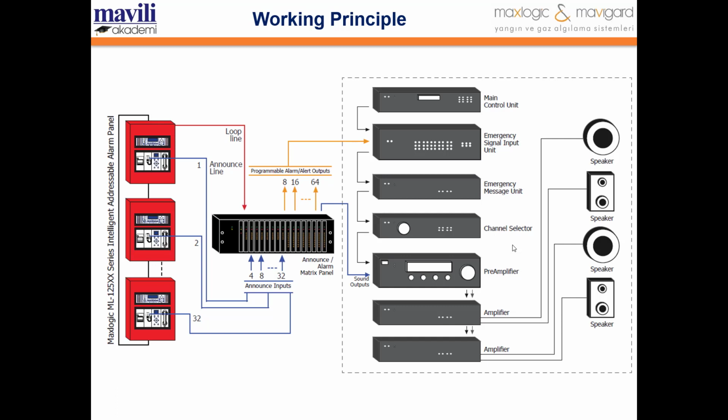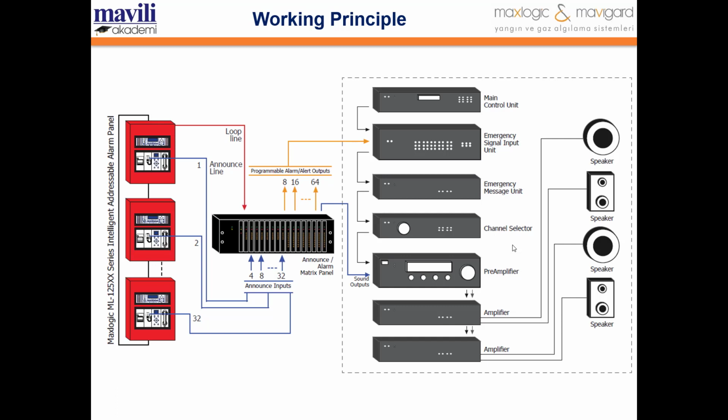In order to serve this purpose, the necessary equipment to give an audible alarm should be installed in the announcement system installed in the building. And the announcement and alarm matrix panels should be installed by the fire alarm system to control the voice alarm and announcement system. Thanks to this equipment, integration between the fire alarm system and the announcement system should be ensured, and the announcement system should be used as a voice alarm and announcement system that can be used in an emergency.